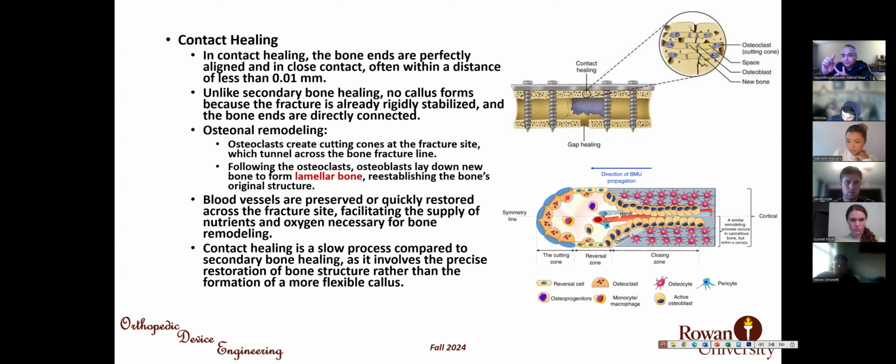So in bone healing, osteoclasts and osteoblasts become active. First, a group of osteoclasts passes from one side to the other side and creates a hole or a channel. And osteoblasts follow this osteoclast and fill this channel like an osteon, layer by layer.